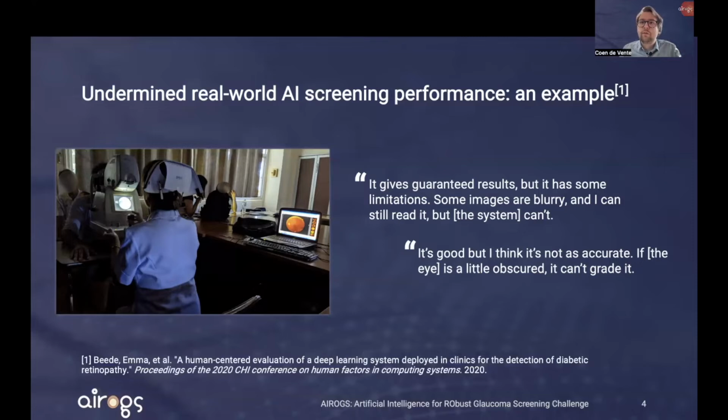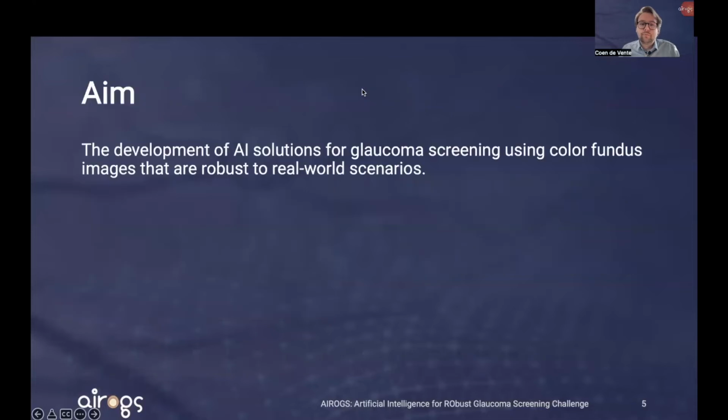And therefore, algorithms should be able to tell when they can grade an image or not, even when they have not seen certain types of ungradability during training. However, it should also not be too strict. And so in short, being able to assess the ungradability of images well is quite important.